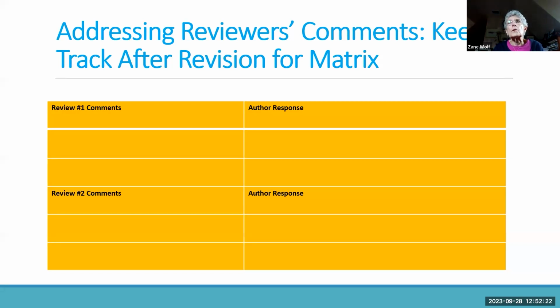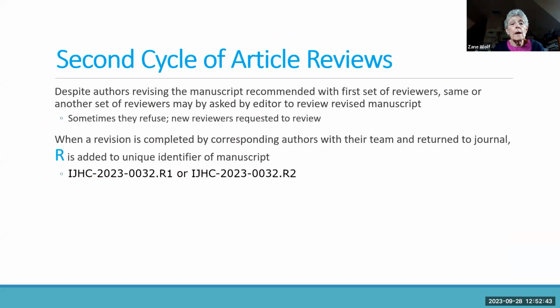In my journal platform, it gets included in the whole process as a download of what the editor can see, and that the editor might send out to the reviewers that did the first review of the article, or if they don't want to do it, they might have to go to another set of reviewers. So that's that.